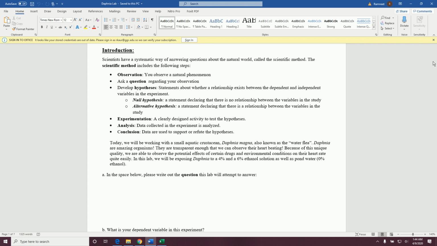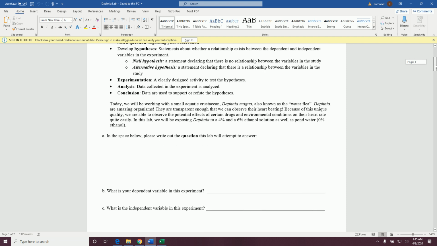The alternative hypothesis says that there is a relationship between the two variables. So the steps of the scientific method are: we observe something, a question comes to mind, then we formulate a hypothesis, then we perform an experiment, and then we get the data, and on the basis of the data, we make a conclusion. So these are the steps of the scientific method.